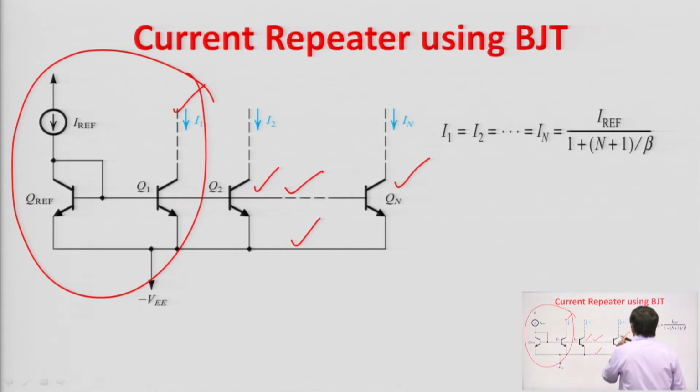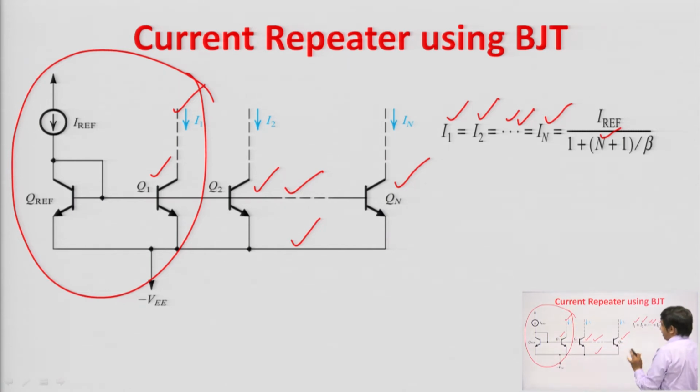Then in this case I1 equal to I2 equal to I3 equal to I4 equal to In, that is equal to I reference upon 1 plus n plus 1 upon beta. What is capital N? Capital N is the number of transistors. For example, if you want to calculate the collector current of Q1, then capital N will be 1.